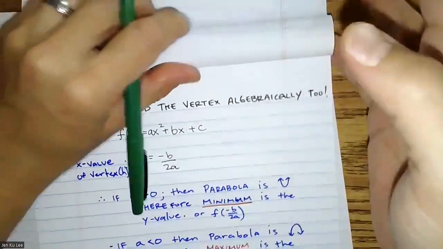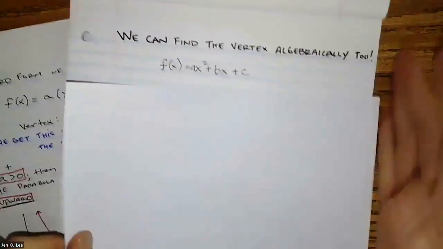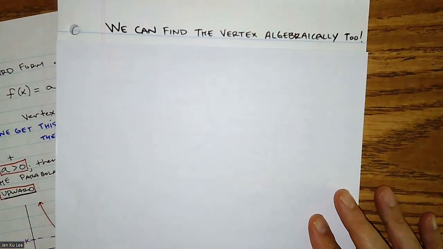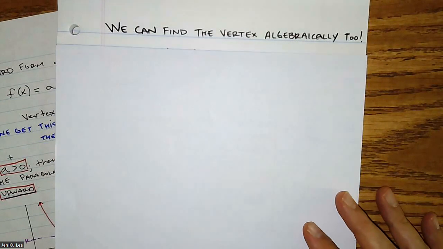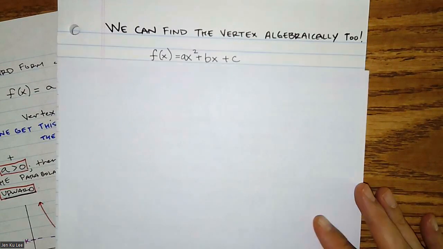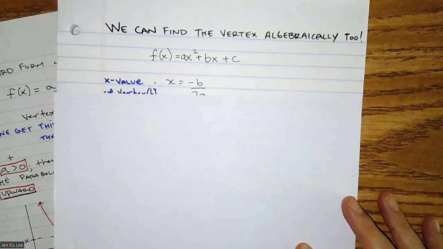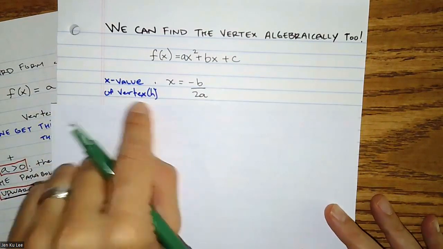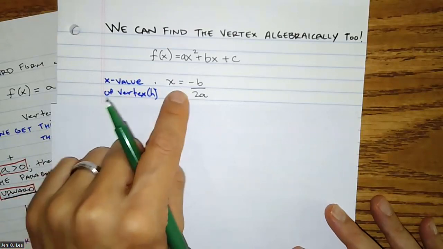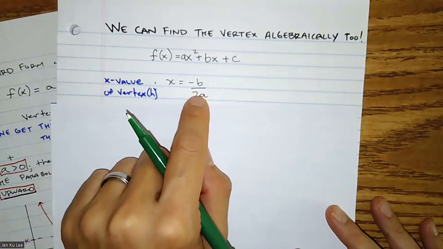We can find the vertex algebraically as well. It doesn't have to be all graphing and finding the vertex through the vertex form. We can find the vertex algebraically too. Okay, so that is my general form, right? So the x value of the vertex, the h, is going to be -b over 2a. All right?